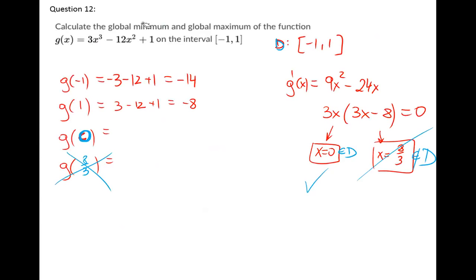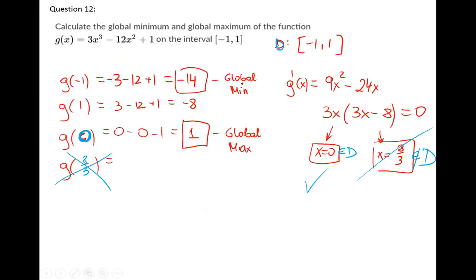And substituting 0, we just get 1. Okay, we can see this is the highest point. That means that's the global max, and this is the lowest point, the global minimum value. -8 is just the endpoint.